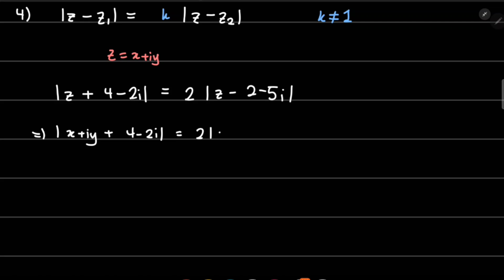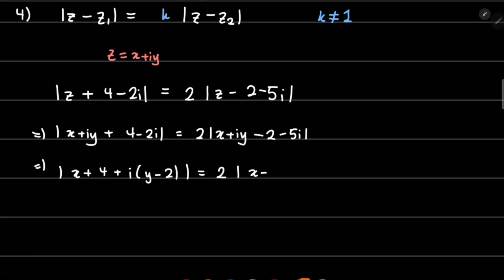Do the same on the other side. Now I'll group the real and imaginary parts together. So we get (x + 4) + i(y - 2) on this side. On this side we get (x - 2) + i(y - 5).